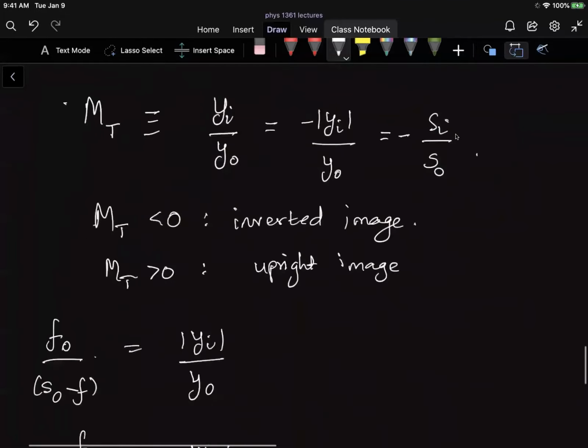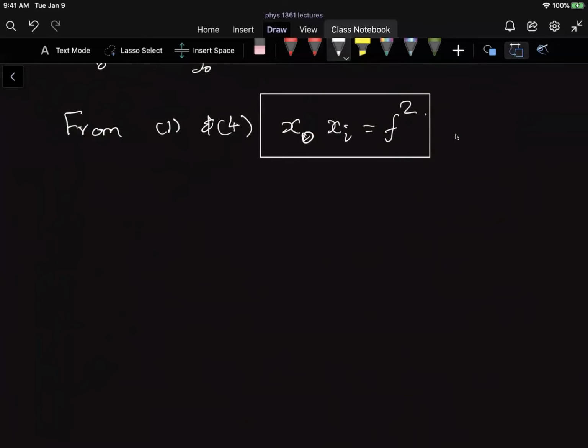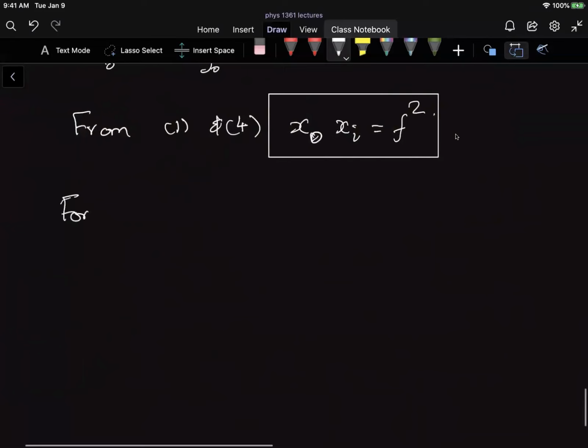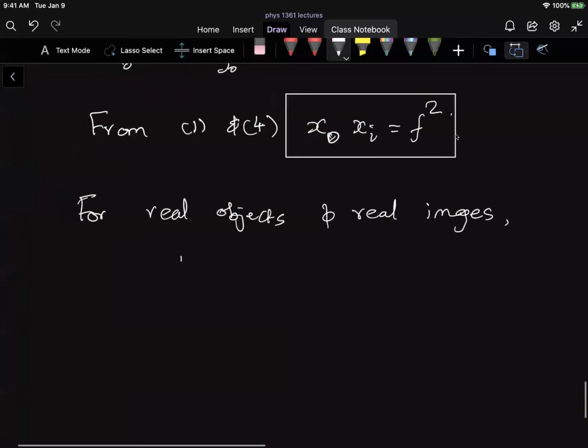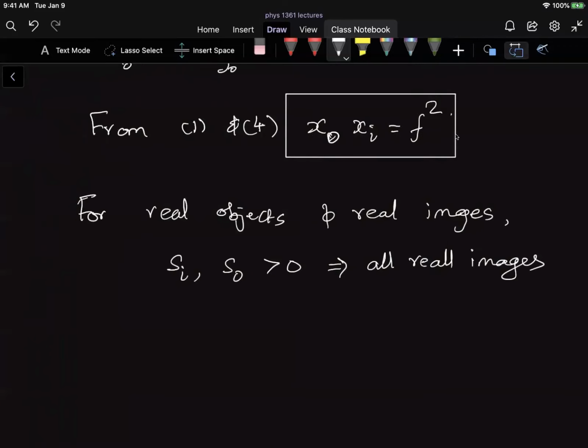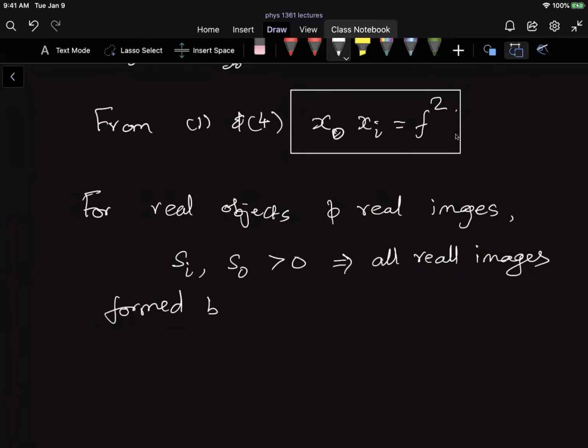Okay. My last comments about lateral magnification, which is given here, is that for real objects and real images, Si and So are always going to be greater than 0, which implies all real images formed by a single positive lens or formed by a single thin lens will be inverted, by our definition of when the magnification is positive and negative.